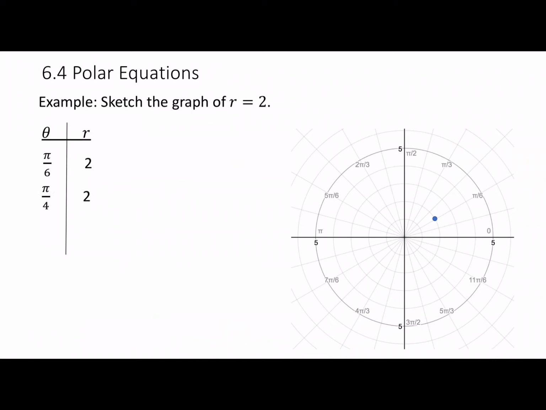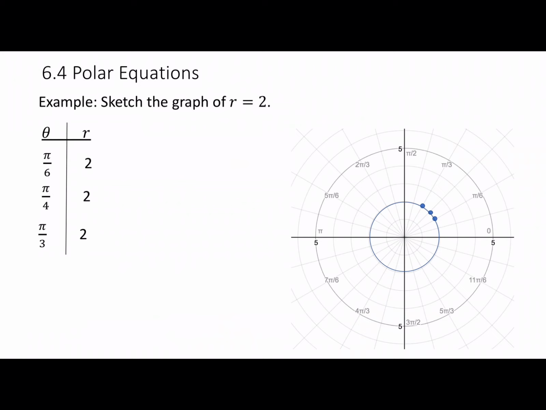When theta is pi over 4, r is still 2. So I'm going to get the point here. When theta is pi over 3, r is still 2, so we're going to plot that point. Now you should see what's happening here. These are all points on a circle of radius 2.